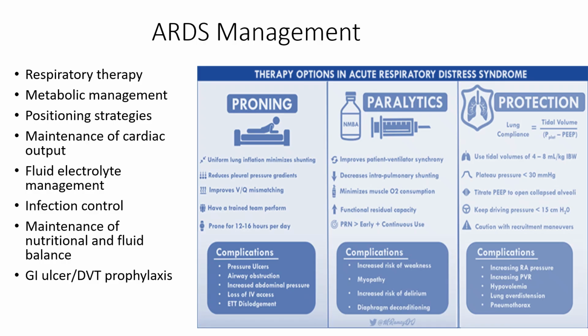And when a patient is supine, the weight of their organs can compress the lungs, which can lead to poor gas exchange in certain areas. Proning has been shown to increase perfusion to areas of the lung that were poorly oxygenated, allowing for that gas exchange to occur on the capillary membrane. So proning is going to be one of our primary interventions.